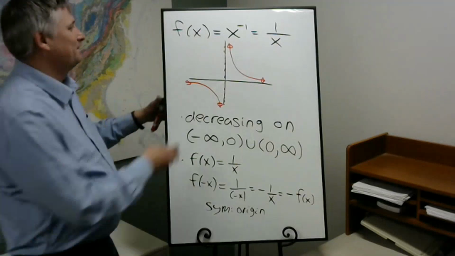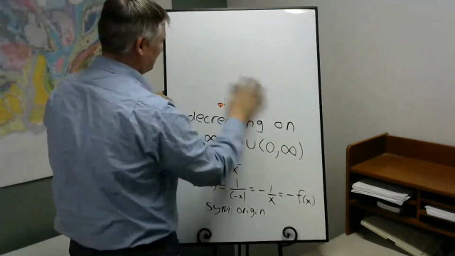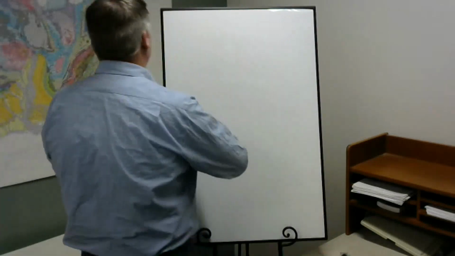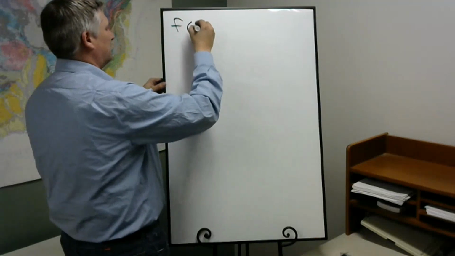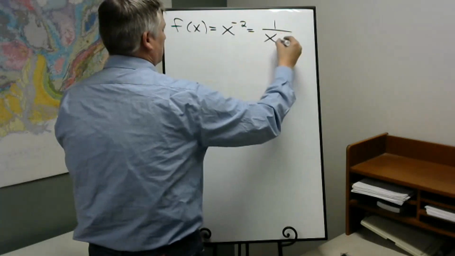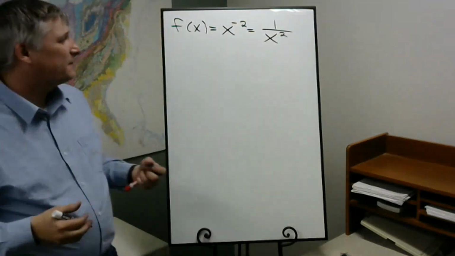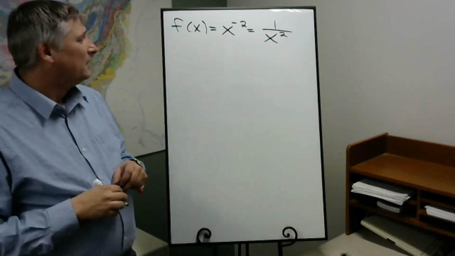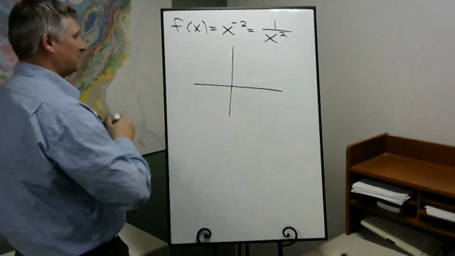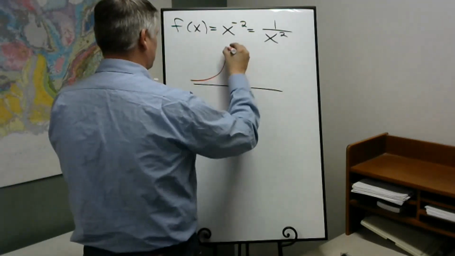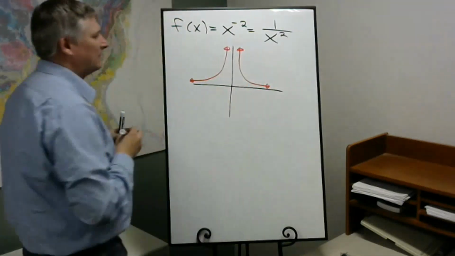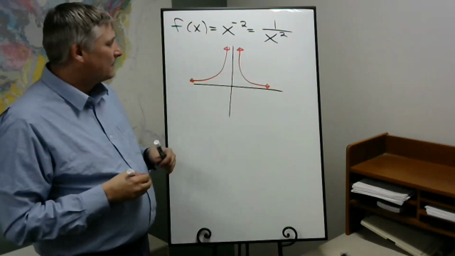Well, let's take a look at another one. Let's say f of x is 1 over x squared. Well, what this one looks like is something roughly like this.